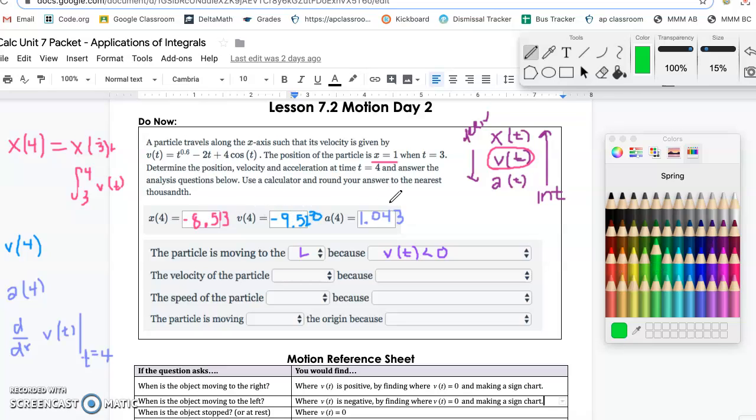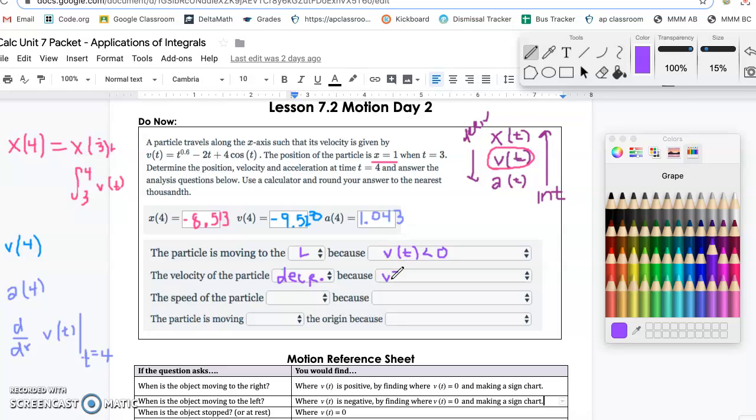I have a negative velocity and a positive acceleration, so my velocity is decreasing, because velocity and acceleration have different signs.